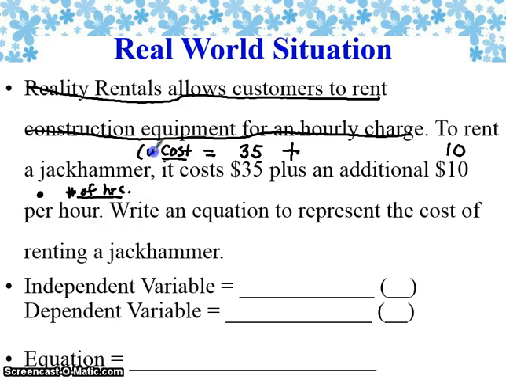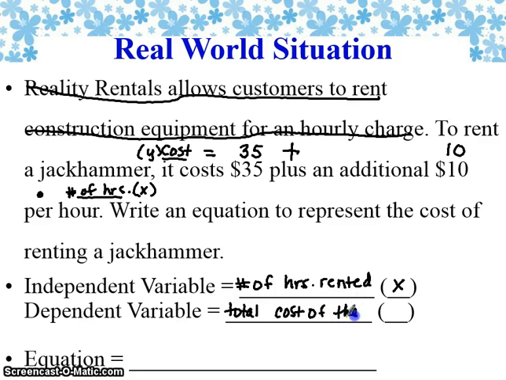The cost depends on the number of hours. So as we fill in our independent variable with number of hours, we know that that is going to represent our X value. And that will determine the total cost of the rental, which we know is the Y value.